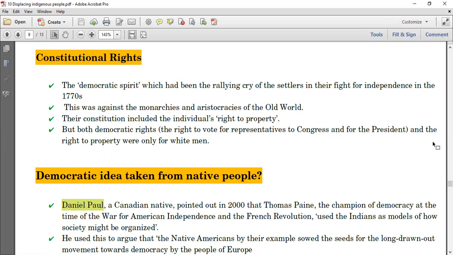Daniel Paul, a Canadian native, pointed out in 2000 that Thomas Paine, the champion of democracy at the time of the War for American Independence and the French Revolution, used the Indians as models of how society might be organized. So the democratic idea was actually taken from the native people.